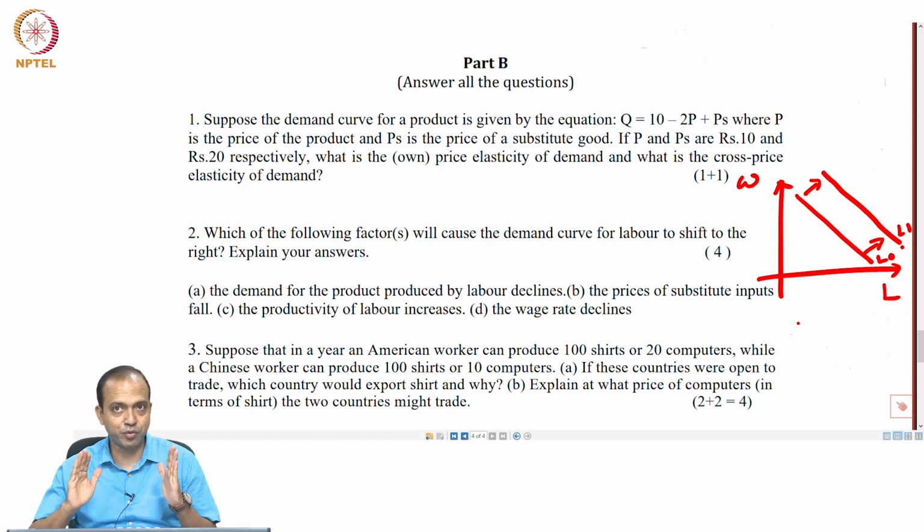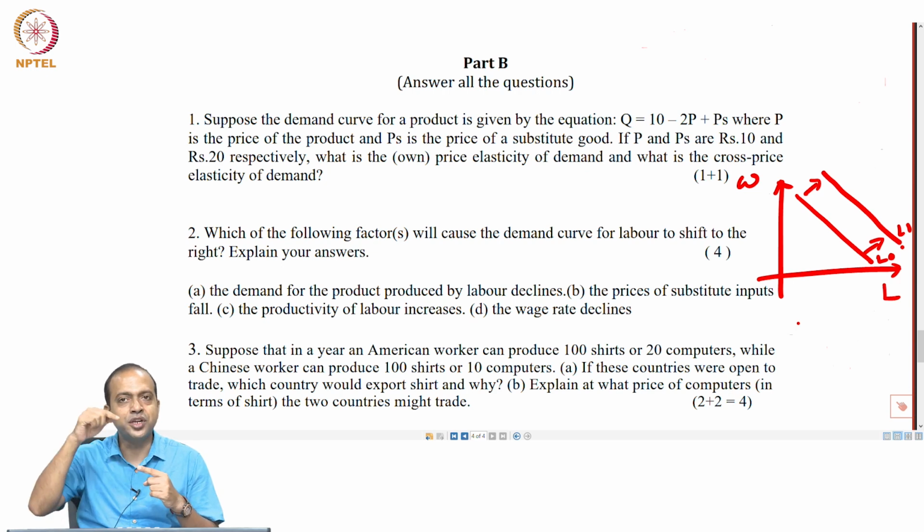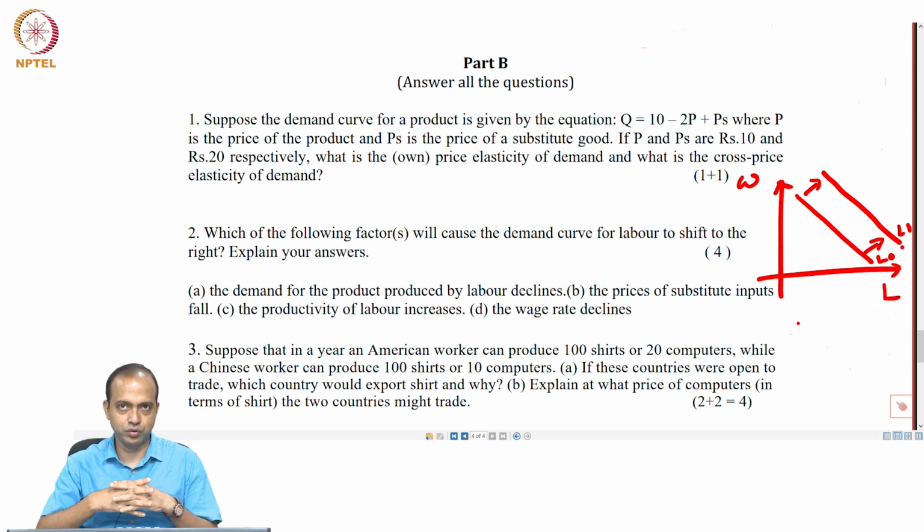That is a new concept I am talking about, which I could not discuss in the context of demand and supply. So, here I am mentioning once again that input demand functions are known as derived demand. Why is this so? Because inputs do not have a direct demand, rather demand for inputs is derived from the demand of the final good or service in which this input is used.